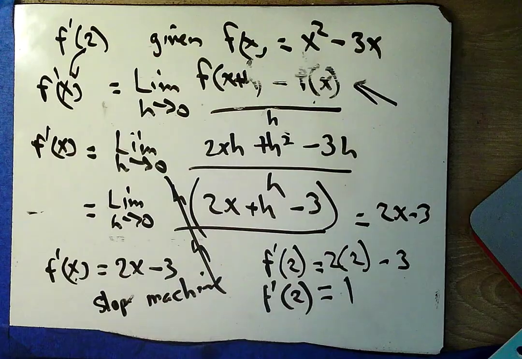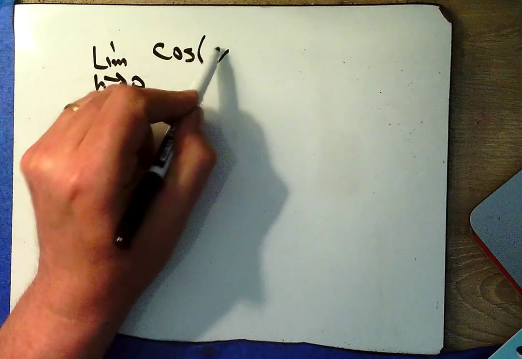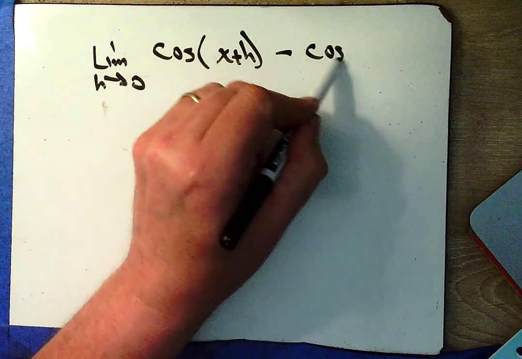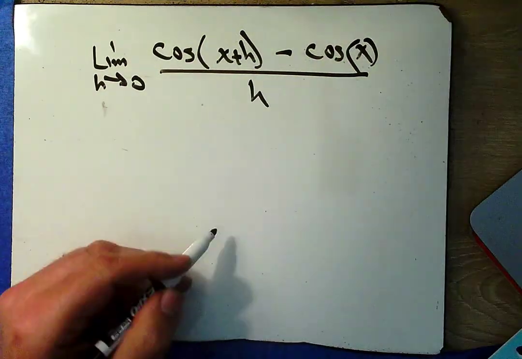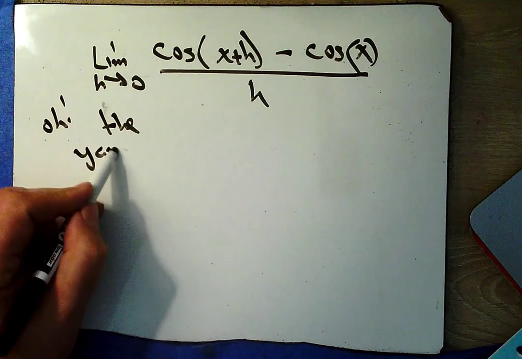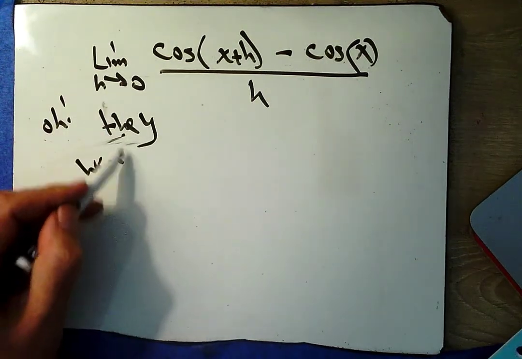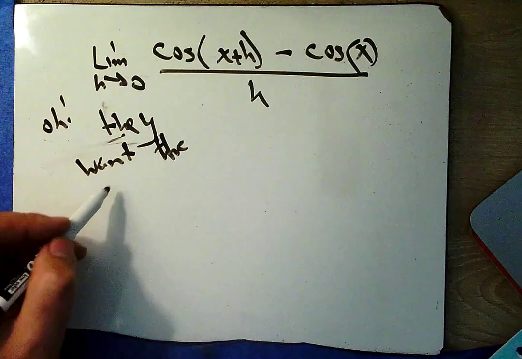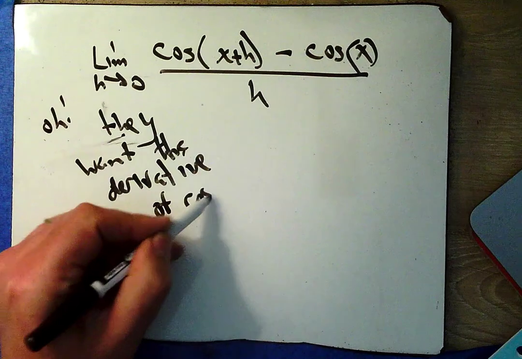And, you know, I really want to say that when you see, for example, the limit as h heads to 0 of cosine of x plus h minus cosine x all over h, I need you to say, oh, they want the derivative of cosine x.